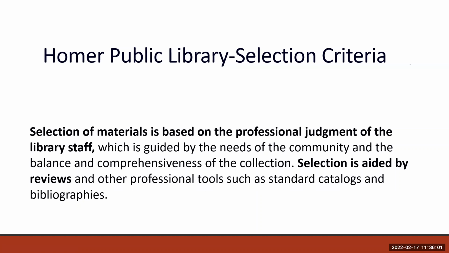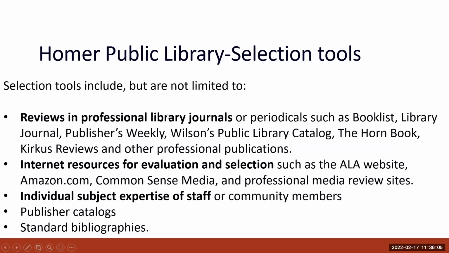And then they go on and list some examples of where they're looking at these reviews. So we have reviews in professional library journals, internet resources for evaluation and selection, and individual subject expertise of staff, and then publisher catalogs and standard bibliographies.